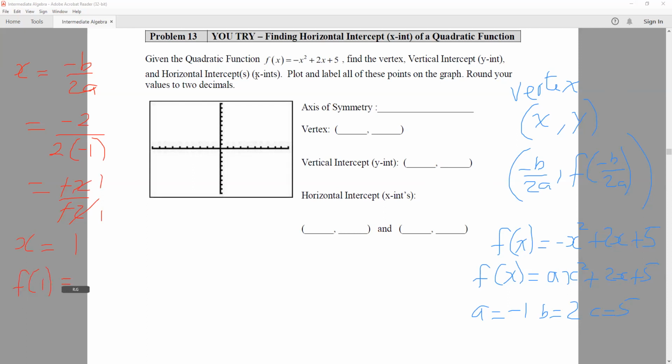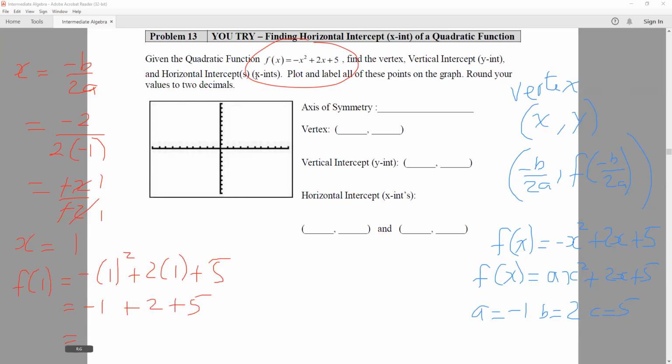Now we are going to get the y, we're going to have f of 1, right? So we put that in the function. So we have negative 1 squared plus 2 times 1 plus 5. That is from the function. So 1 squared is 1. Remember, the negative is outside, so you attach the negative, plus 2 plus 5.